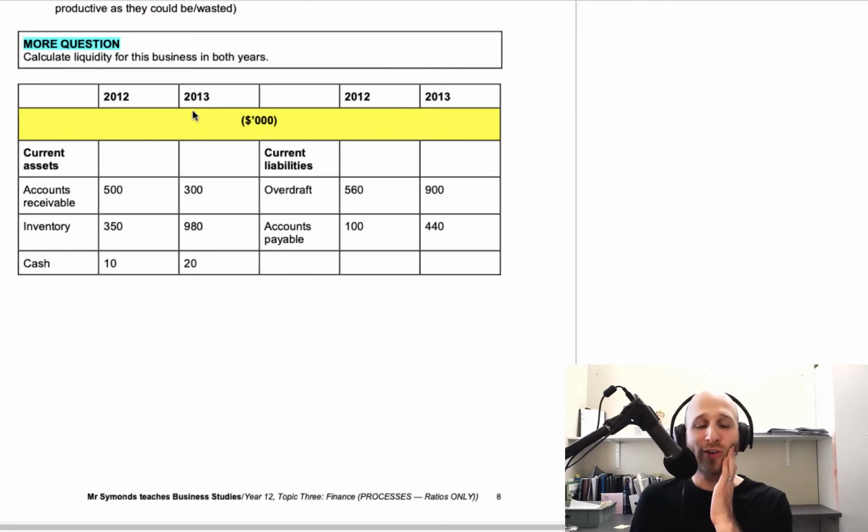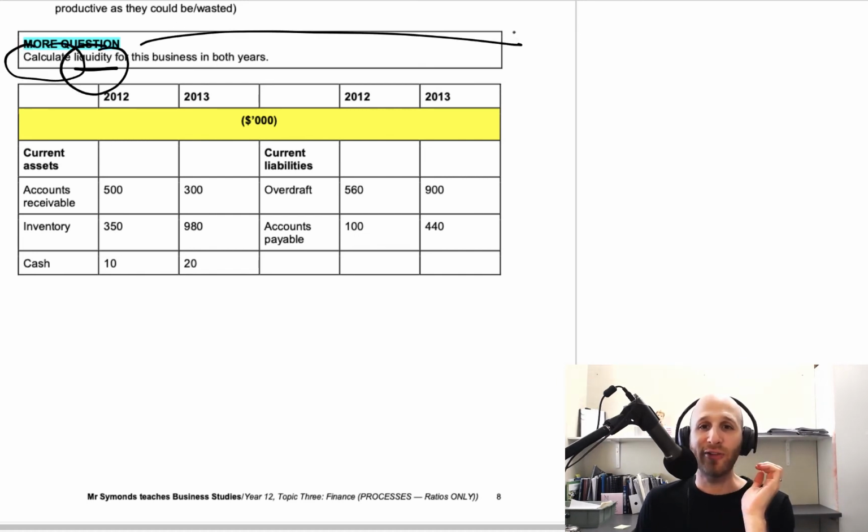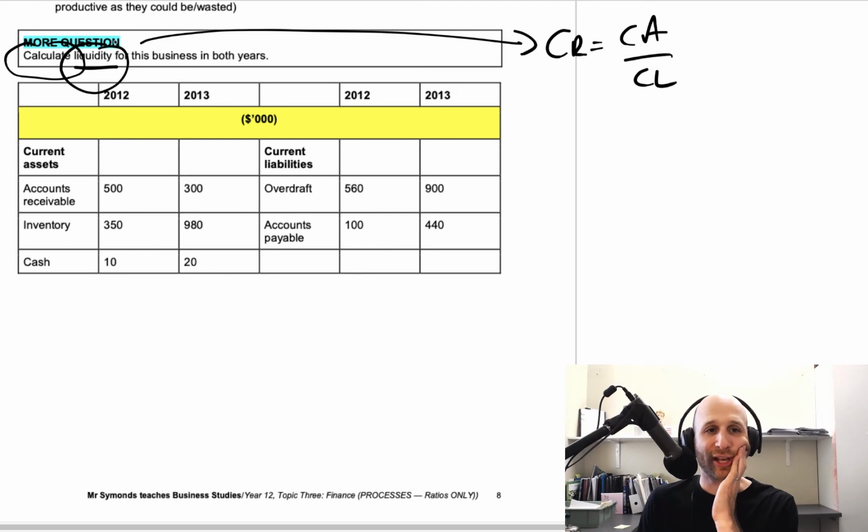We've got a question here that says calculate liquidity for this business in both years. I'm seeing calculate and liquidity, so the current ratio equals current assets over current liabilities. I've got current assets on one side and current liabilities on the other. Let's do the current assets in blue and the current liabilities in green.